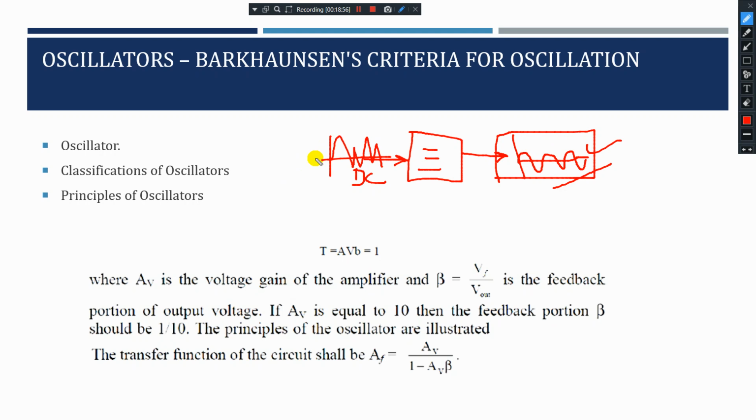There are two major classifications of oscillators: feedback oscillators and relaxation oscillators. When I say feedback oscillators, there is a feedback to it, and we will be studying in the coming slides how feedback oscillators work, as well as relaxation oscillators.